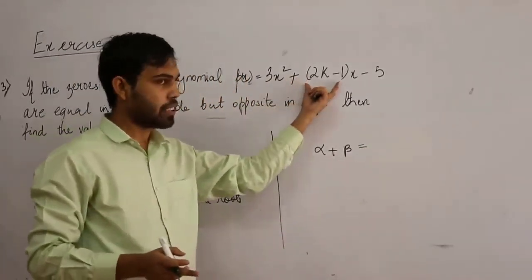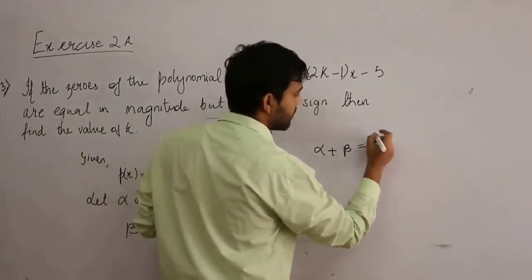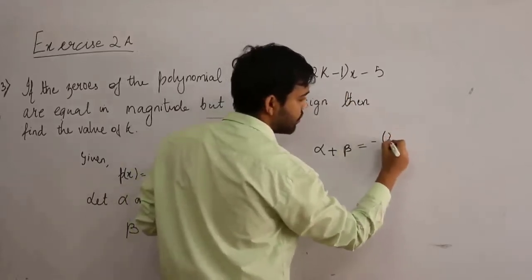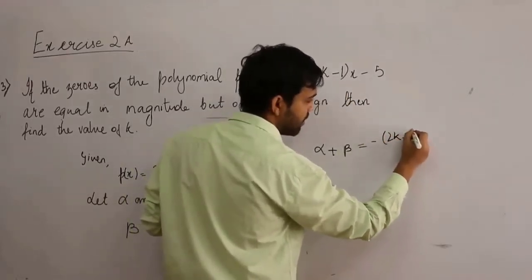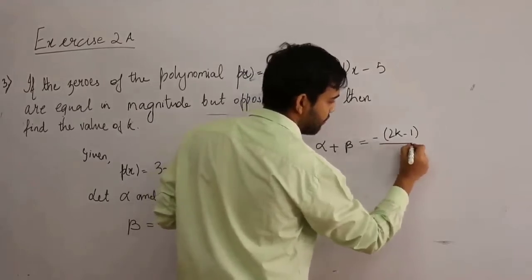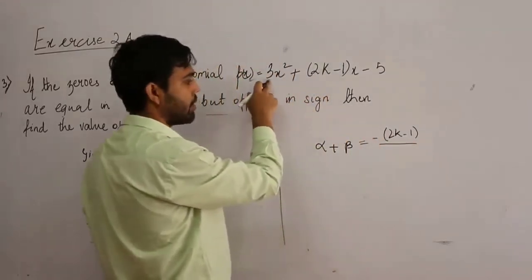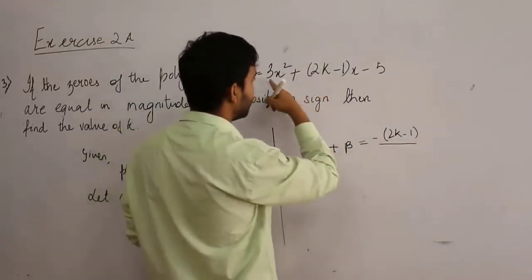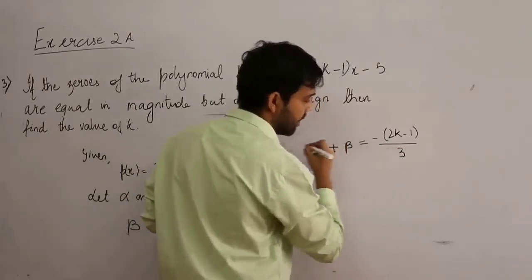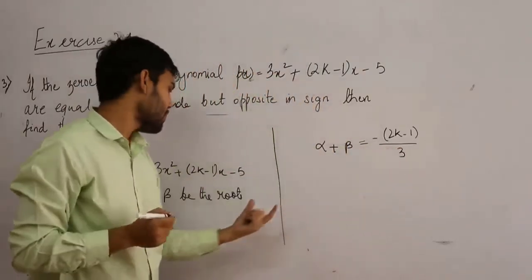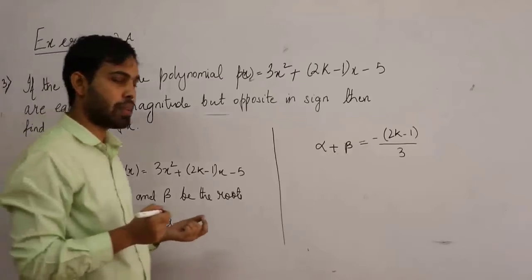What is the coefficient of x in here? I have minus, the coefficient of x is 2k minus 1, by the coefficient of x squared. What is the coefficient of x squared? I have 3.